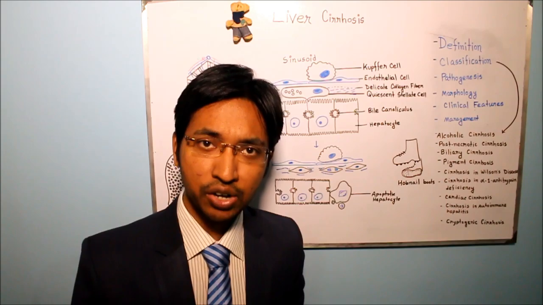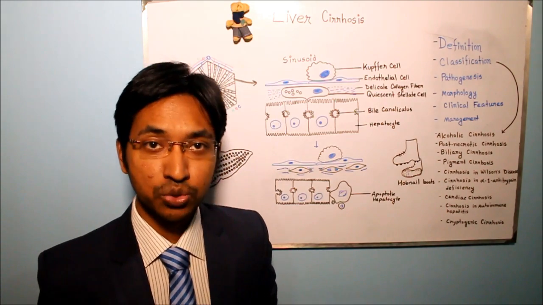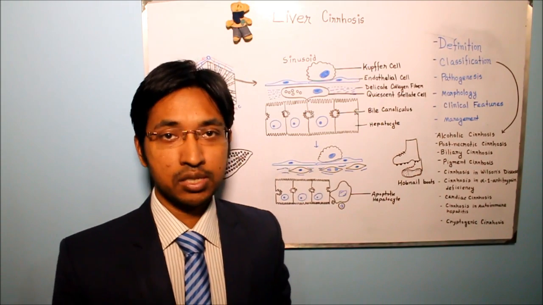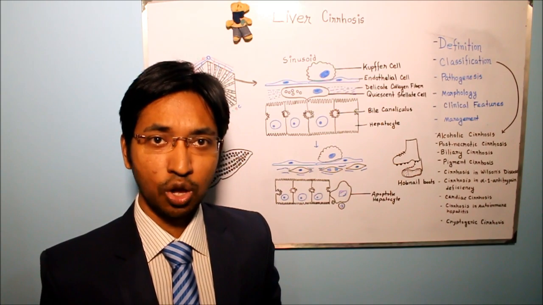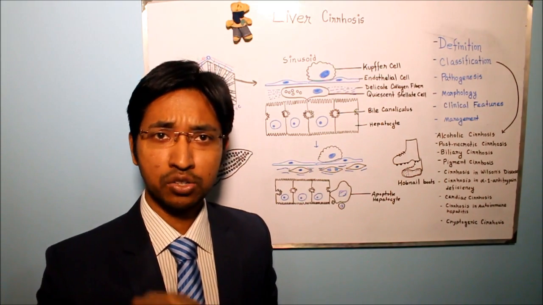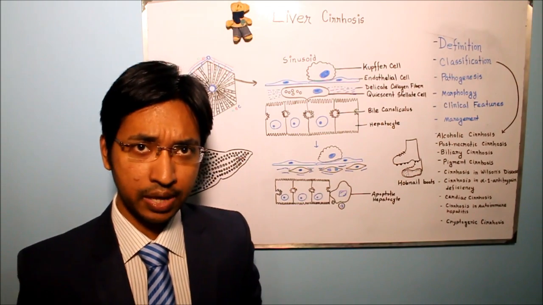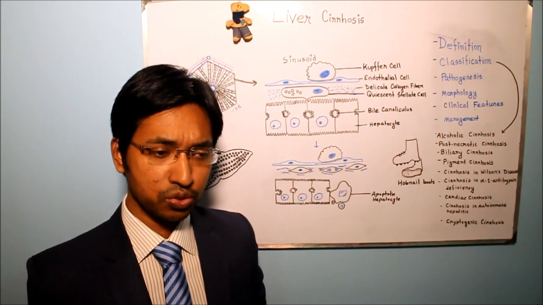In case of macronodular liver cirrhosis, the diameter of the nodules will be more than 3 mm. And you have guessed it, in case of mixed type, there will be presence of both micro and macro nodules in the liver at the same time. Okay, so that is the mixed variety of liver cirrhosis.